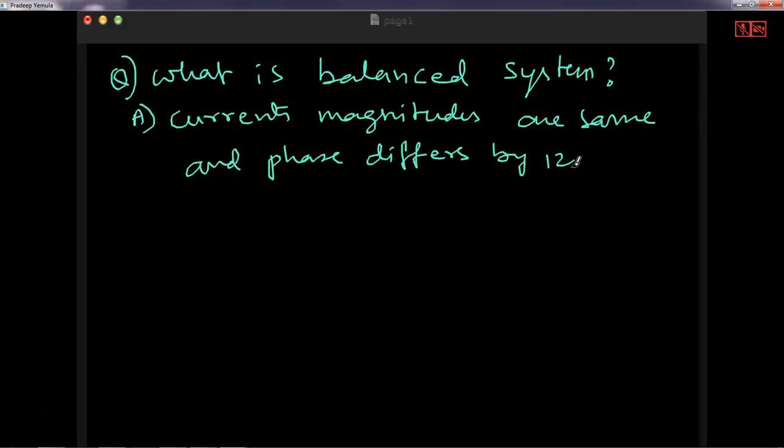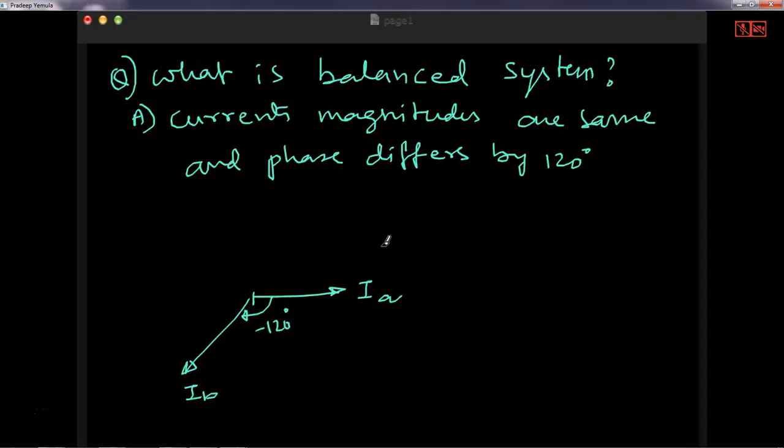That means if this is IA, the current in the A phase, the same magnitude will be followed by IB. So the length of this is equal to the length of this, and this angle is minus 120 degrees, or 120 degrees in the clockwise direction.